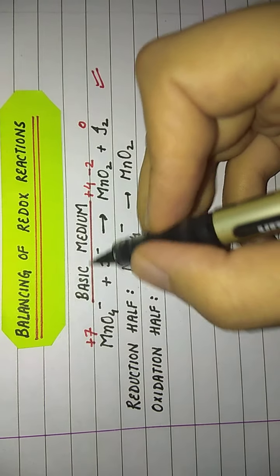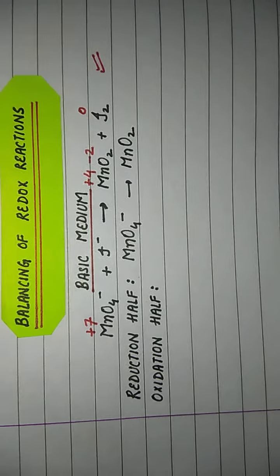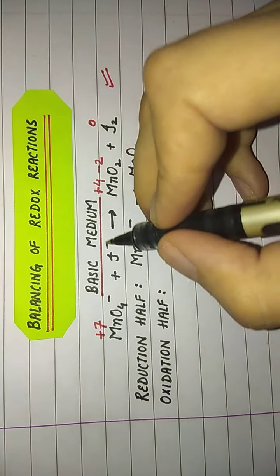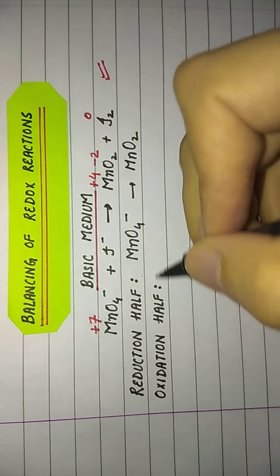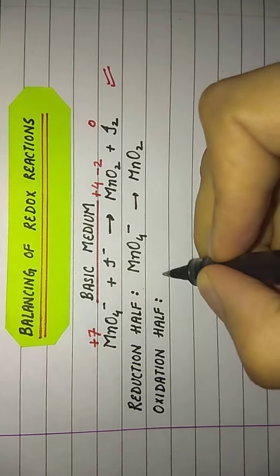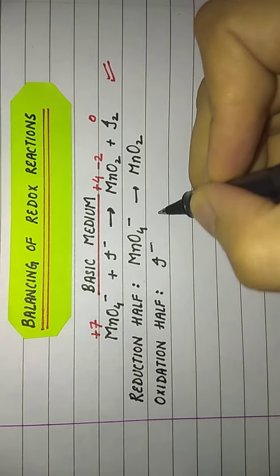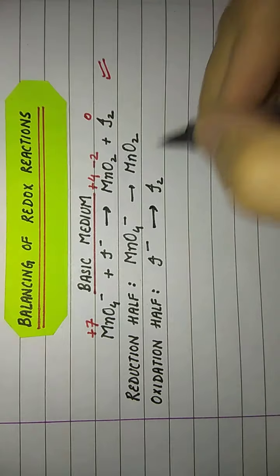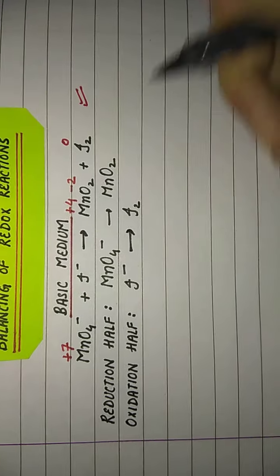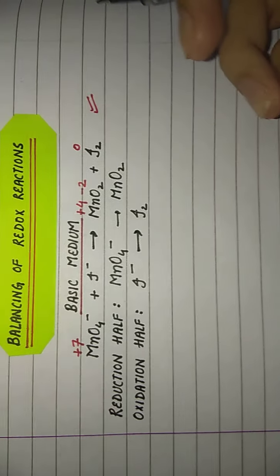Iodine is moving from -1 on the left to 0 on the right. -1 to 0 is an increase in the oxidation state, so it is the oxidation half. You write the oxidation half as I⁻ giving I2. So we have quickly divided the whole equation into reduction half and oxidation half.